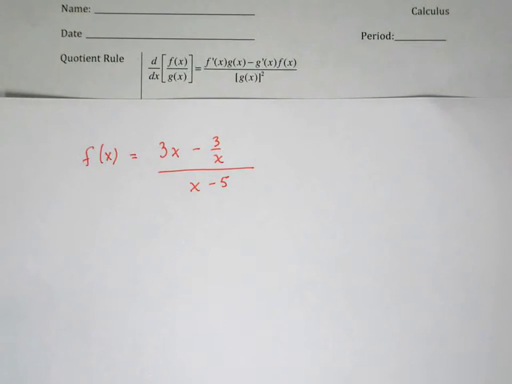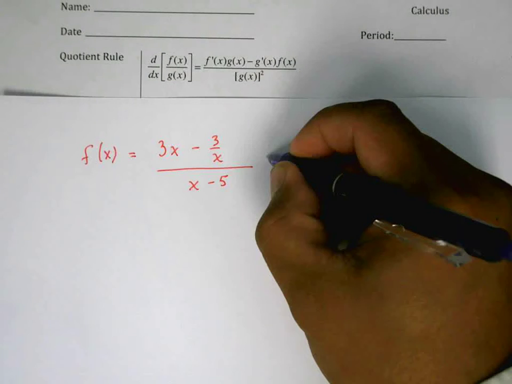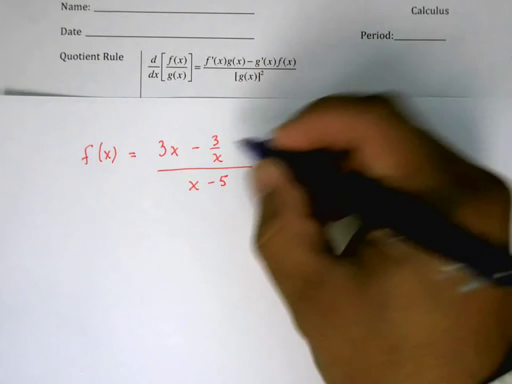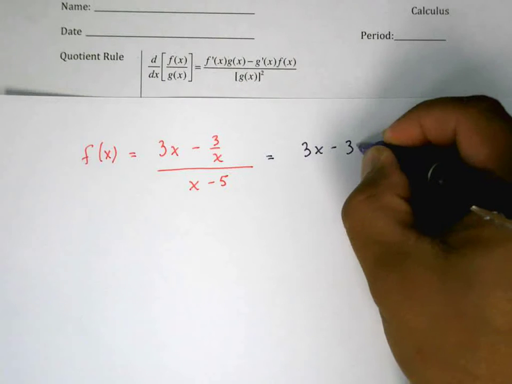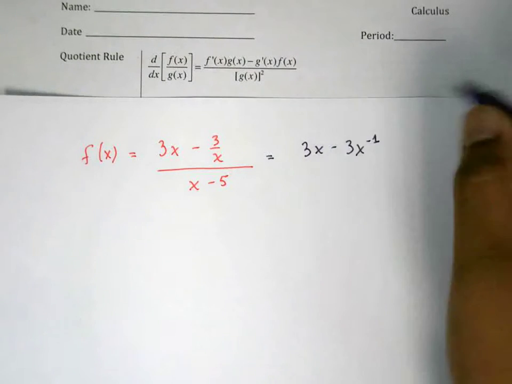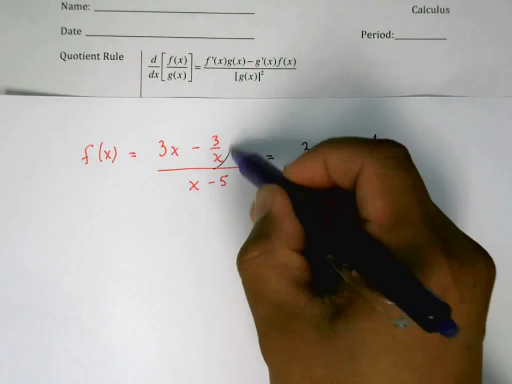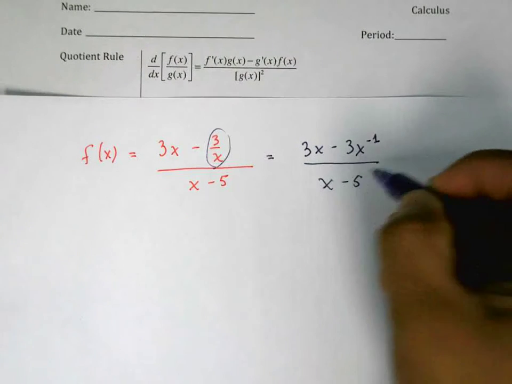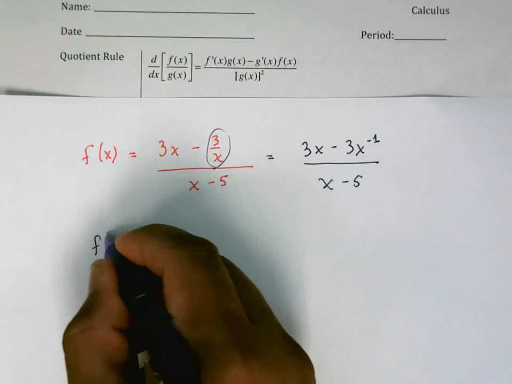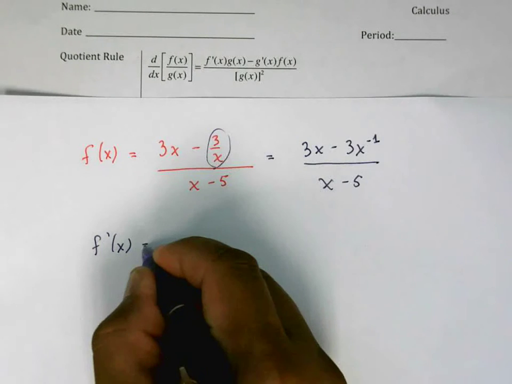First I'm going to do a little bit of work on this and say that this is really 3x minus 3x to the negative 1, because that's what 3 over x really is, all of it divided by x minus 5. Now we take the derivative of that and let's apply the rule.